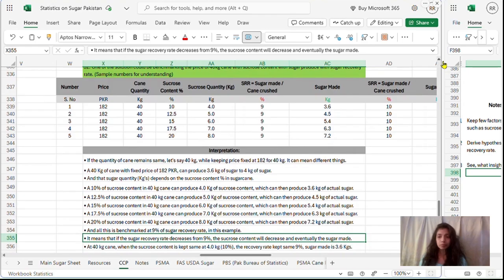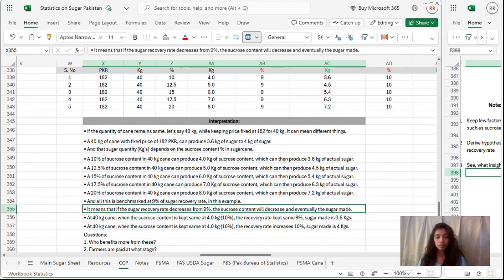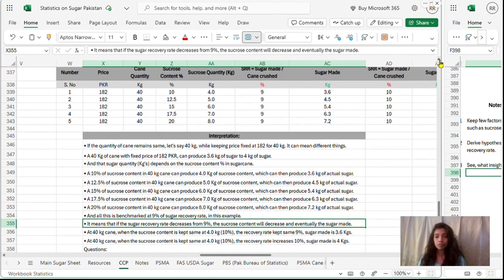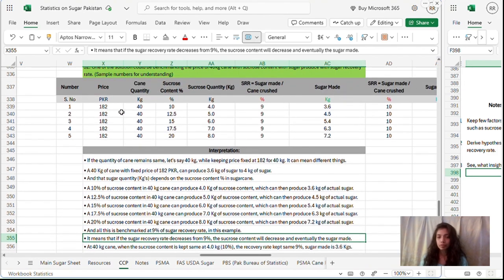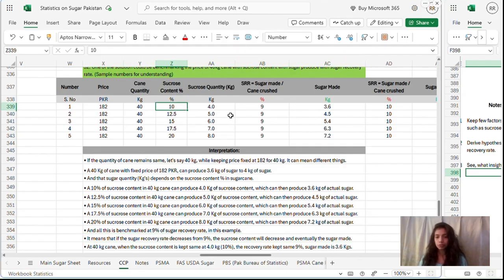Now here it is implying that we are trying to establish an understanding by making hypotheses. Here, we have price same, quantity same, sucrose content at 10% producing 4 kg, and a variable sugar recovery rate.